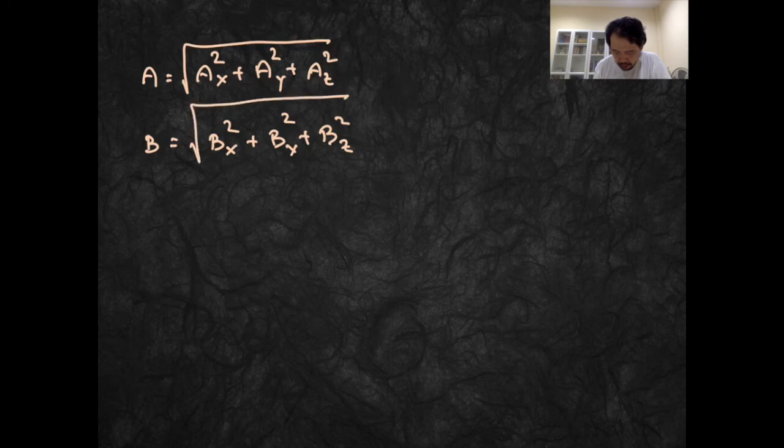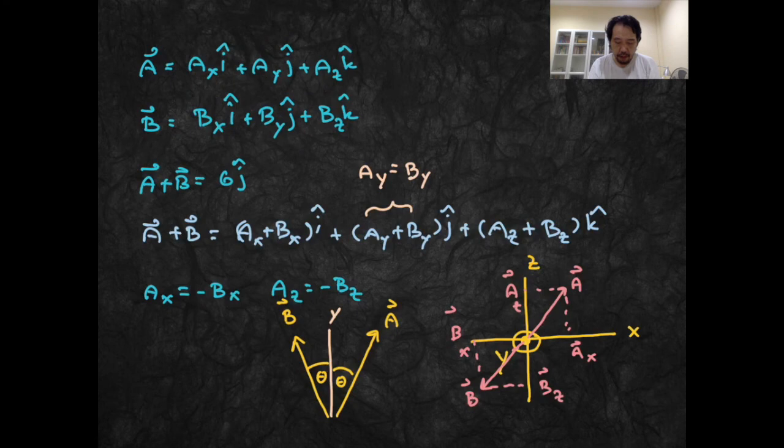We know that AX equals minus BX, which means that AX squared equals BX squared, and AC squared also equals BC squared. And if A equals B, we have no choice. It means that AY and BY must be equal.